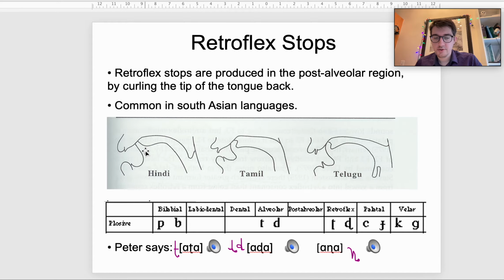So these were the retroflex stops, and this is an image taken from The Sounds of the World's Languages by Ladefoged and Maddieson. And these stops are from Hindi, Tamil, and Telugu.